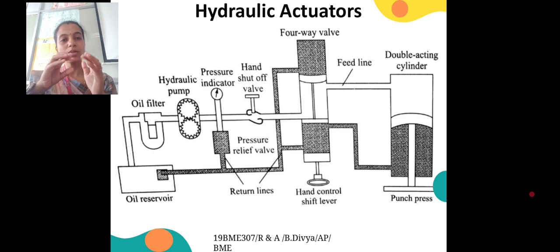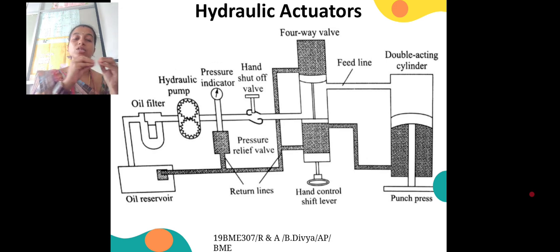From the oil reservoir, the oil will be pumped into the oil filter where the oil gets filtered, and then it will be moved on to the hydraulic pump where the oil gets pumped and the pressure indication can be measured. Then it will be moved on to the four-way valve. From the four-way valve the oil will be inletted to a double acting cylinder where, by using push pressure, the oil will be pressurized.